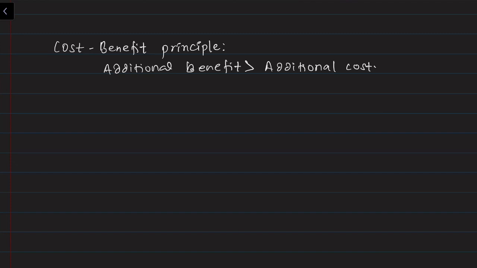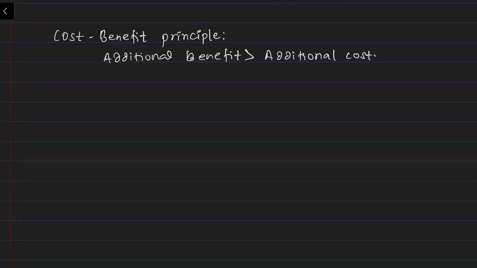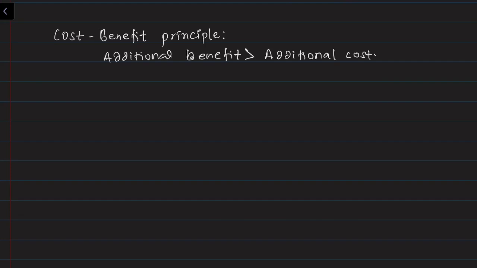So I should ask the question, should I do the activity X? And yes, if the additional benefit is greater than the additional cost. And if the opposite is true, then the answer is no.